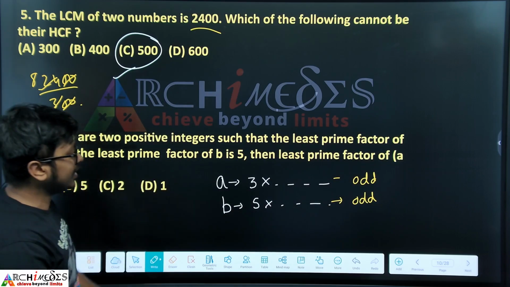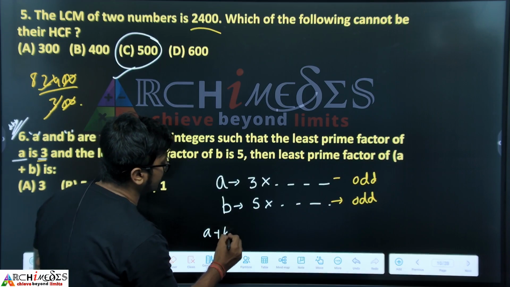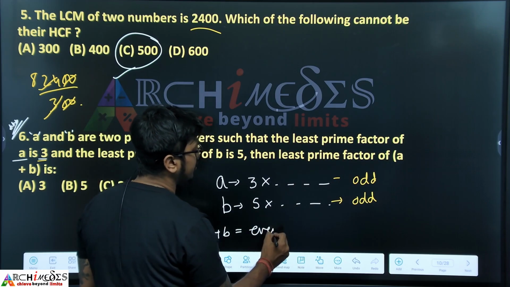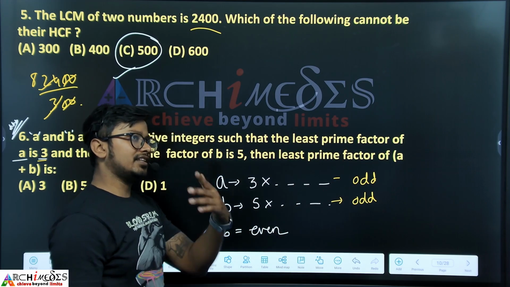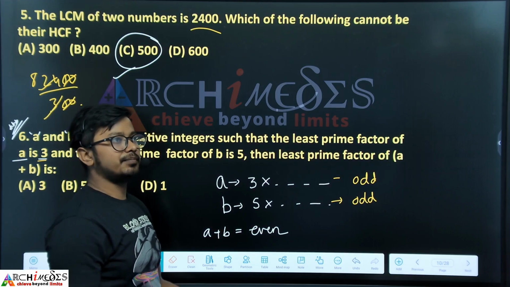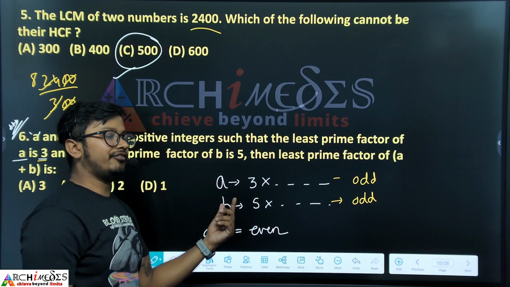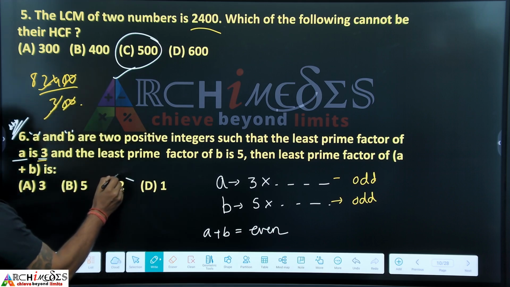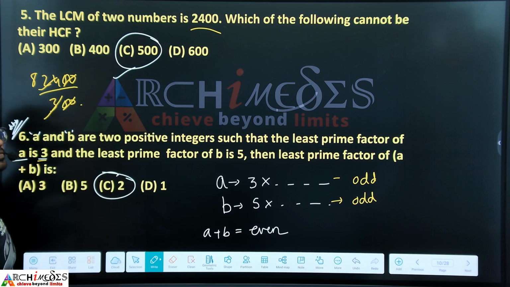So when you add a plus b, we know that when you add odd plus odd, you will definitely get even. Take any numbers: 3 plus 5 is 8, 3 plus 9 is 12. So it is even, and the smallest prime factor of an even number is 2. Any doubt?